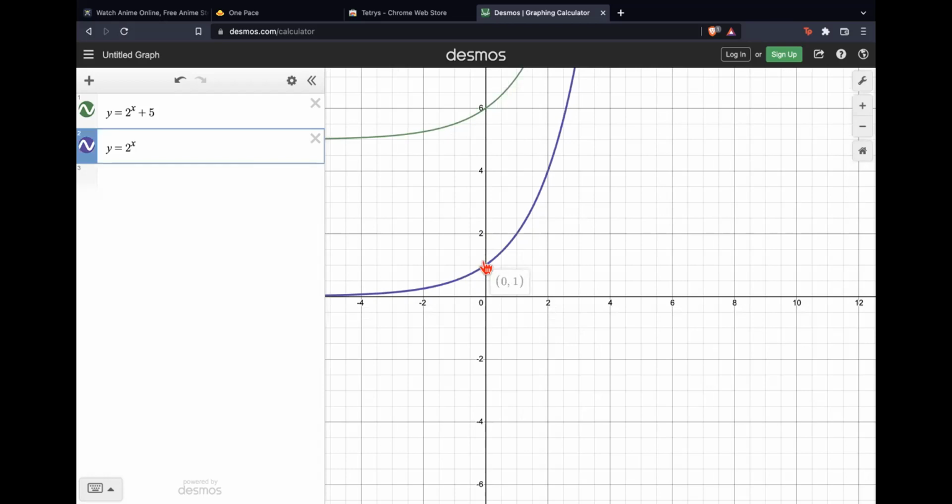This is 0, 1 and this is 0, 6. आगे ना 6 आया ना, that's what you told me also. Yeah. समझ में आया? So shape and where it is cutting the y-axis is what you need. Clear? Yeah. Chalo. Close this now.